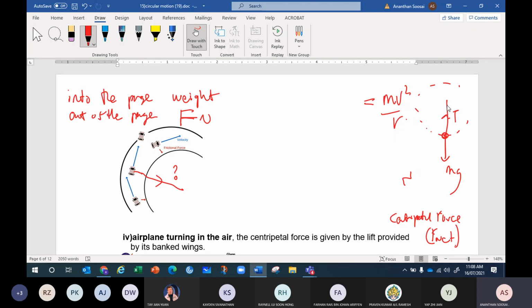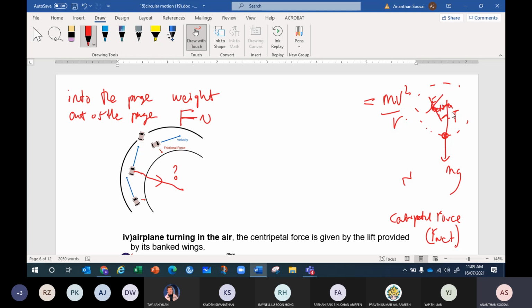Do you put another arrow up and say it is the centripetal force, or the net force? Can we represent net force in a free body diagram? You won't put a net force arrow.